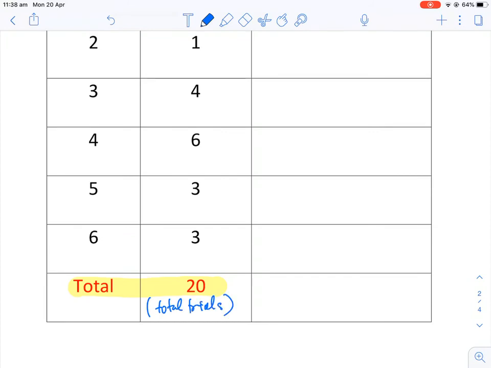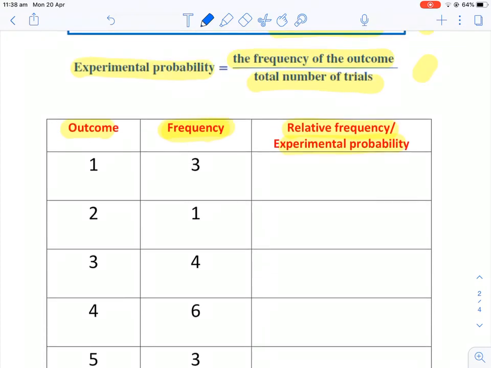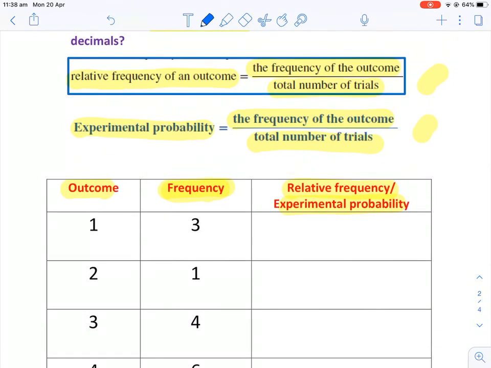To find the relative frequency of rolling a 1, using this formula, it is equal to the frequency of getting a 1, which is 3, divided by the total number of trials, which is 20, and it equals 0.15.